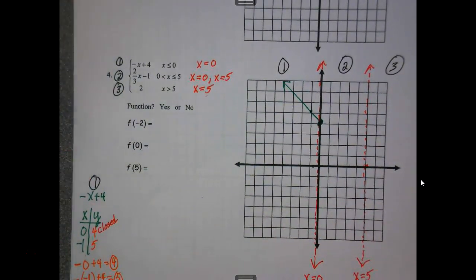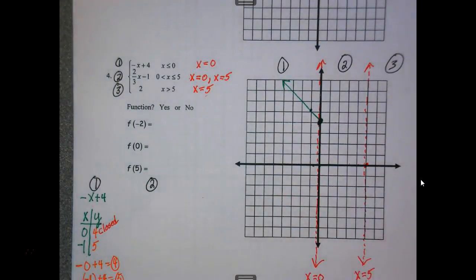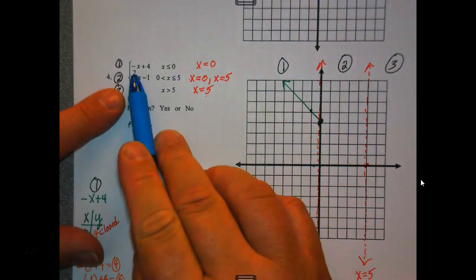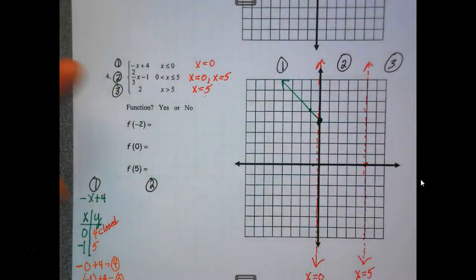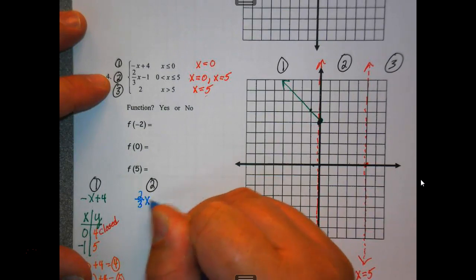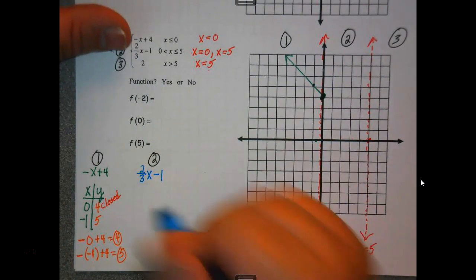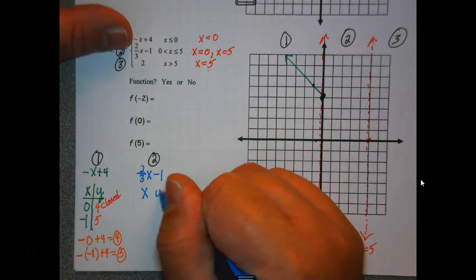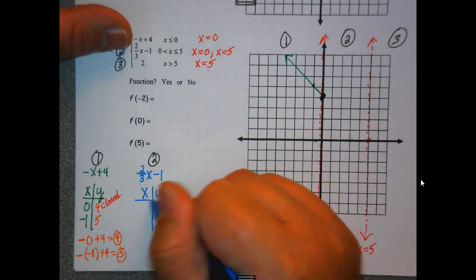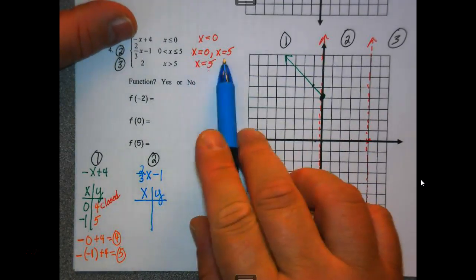Okay, second section. We're using the function 2/3 x minus 1. We need our t-chart, x, y. This time they're choosing x values for us for both points.